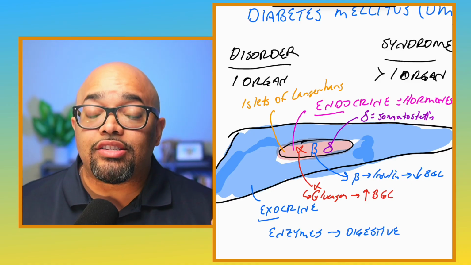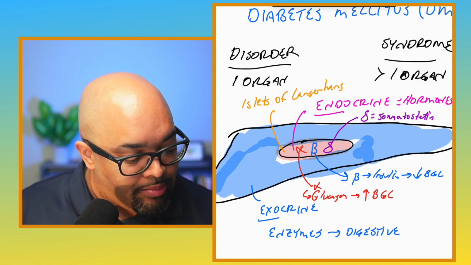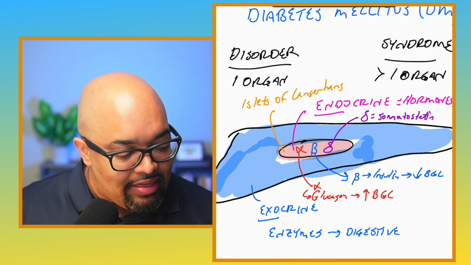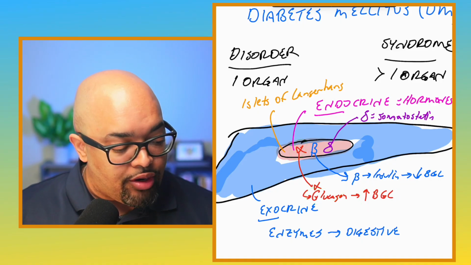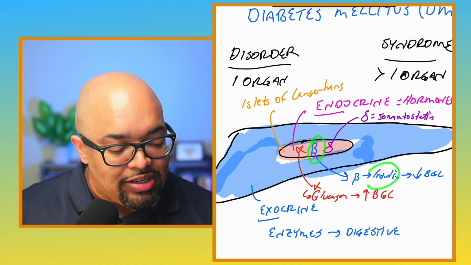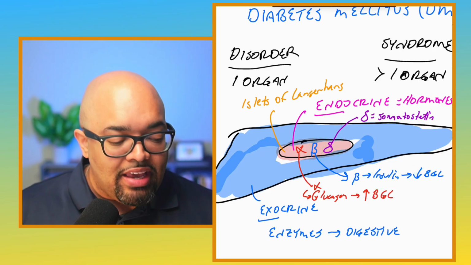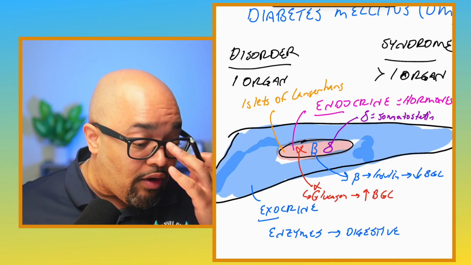And we said the islets of Langerhans produce these three cell types. Those cell types are alpha cells, beta cells, and delta cells. The alpha cells release glucagon that raises your blood sugar. The beta cells produce insulin that lowers your blood sugar. And then somatostatin is kind of the kill switch that stops everything. Okay, so we good so far.